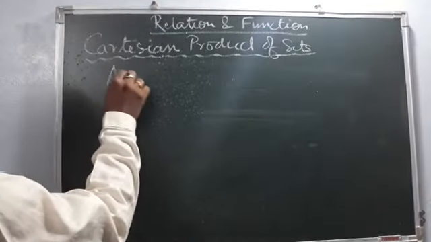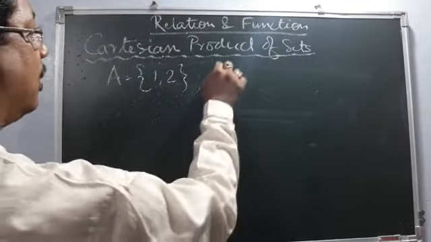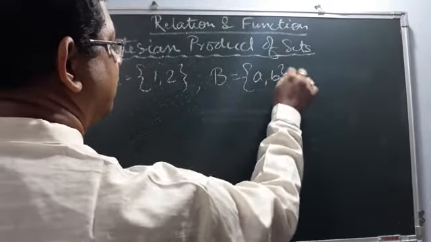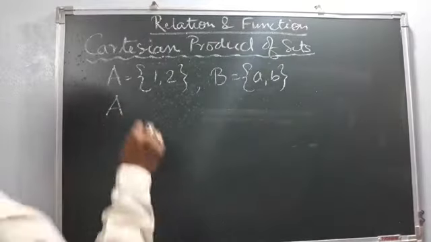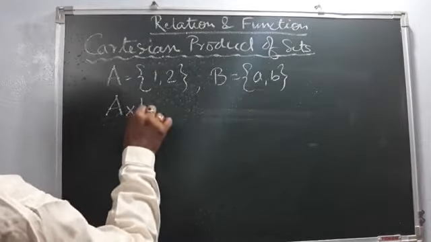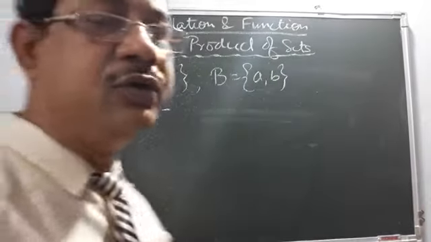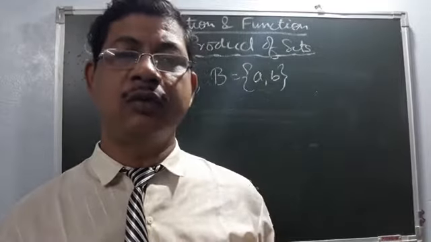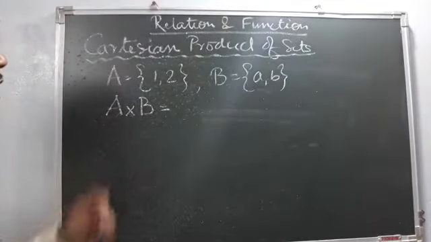Suppose A is a set containing elements 1, 2. B is a set containing elements, suppose a, b. Then, just like union, intersection, difference, this symbol A cross B, you don't say it as multiplication between the sets, it is the Cartesian product of the two sets A and B.